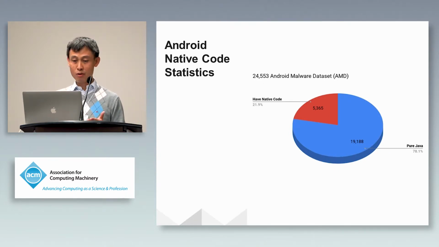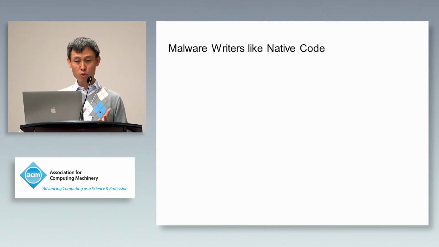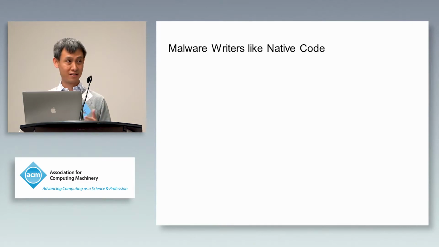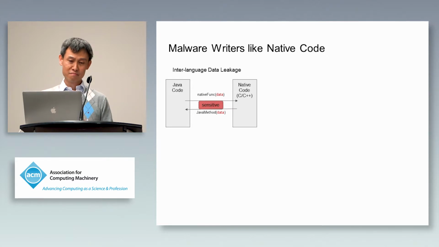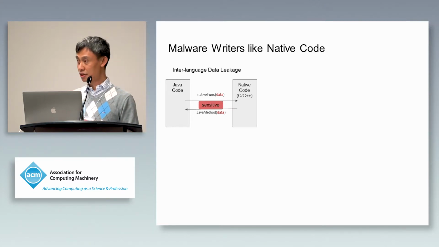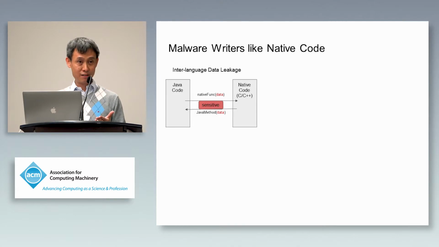Now why do we want to analyze Android apps with native code? Well, this is mostly for security analysis. One of the reasons is malware writers also may want to use native code to achieve certain nefarious objectives. For example, one of the big concerns in the malware research community for Android is the app may actually intentionally leak sensitive information, and that can be done through a concerted effort between the Java part of the code and the native code.